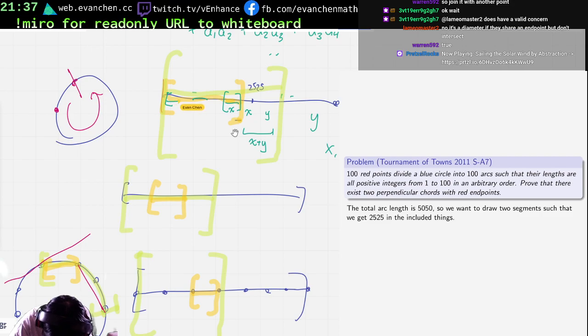And those are the only issue cases. Meanwhile, Y, I guess the only bad case for Y is if you imagine you're doing it from the other way. So it's like Y is exactly here or Y is exactly here.